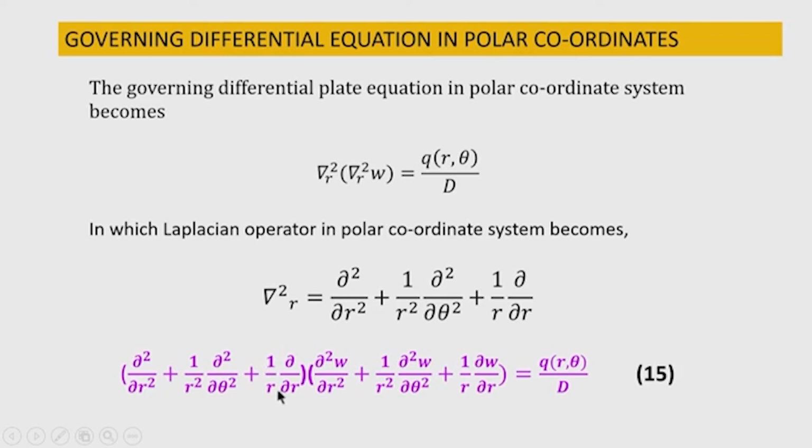So, this term will remain. The term del square W by del theta square again will be 0, because W is only a function of r. This quantity will remain, and Q will be only a function of r. So, instead of a partial differential equation, we get an ordinary differential equation.